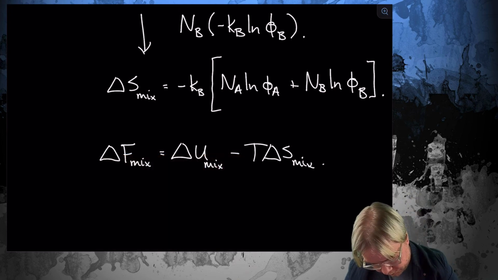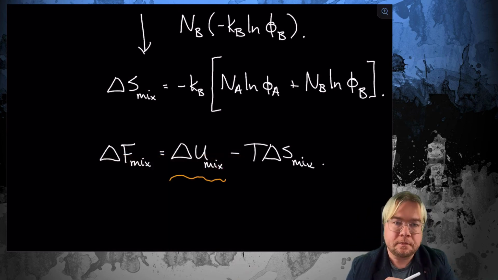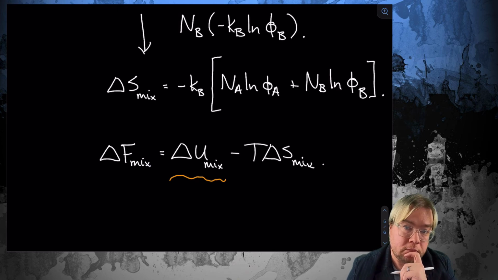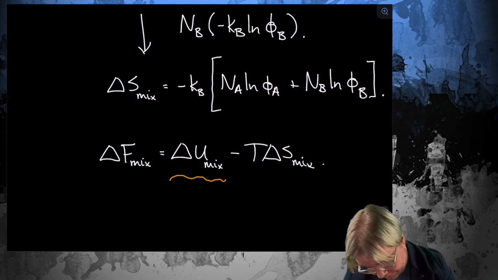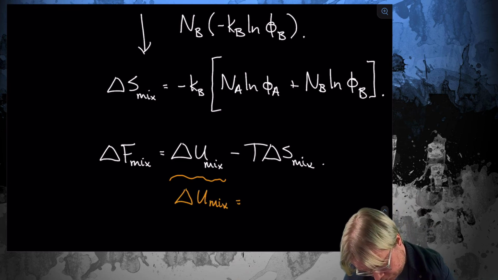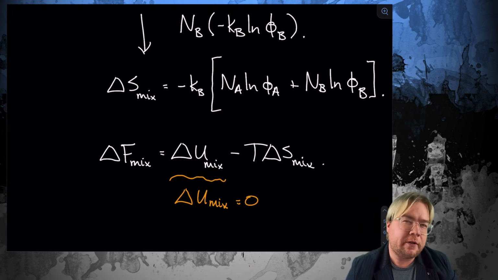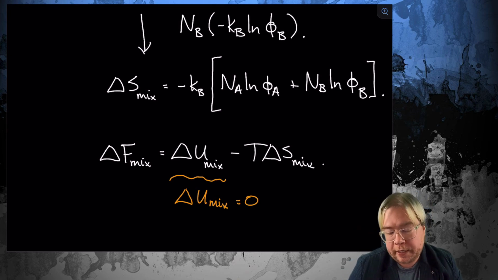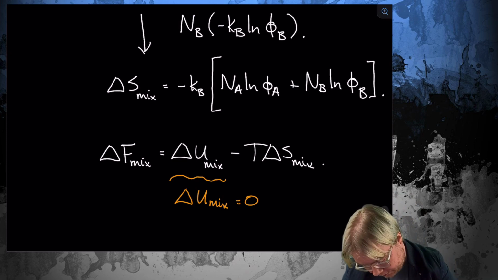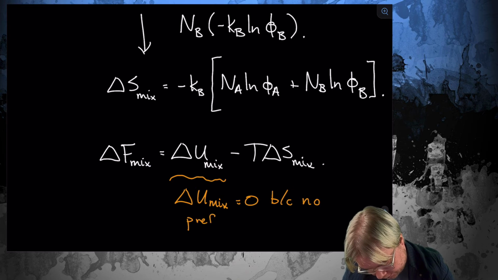So what's this term? That term is 0. Why is it 0? It is 0 because there were no preferential interactions. A particles don't care who they're surrounded by, and the same for B. So delta U mixing is 0 because there are no preferential interactions.